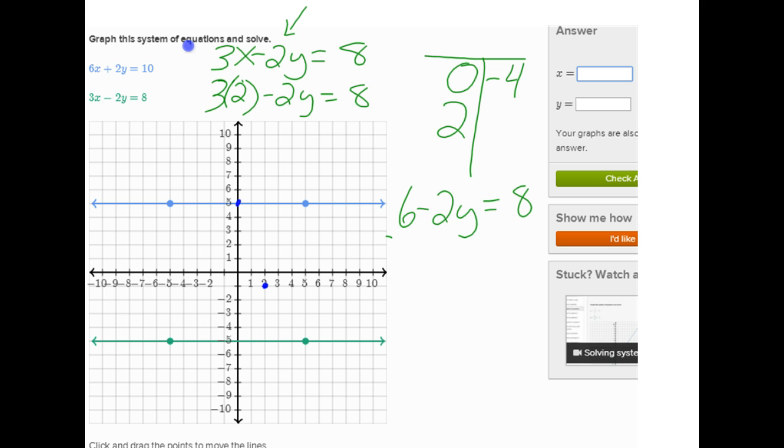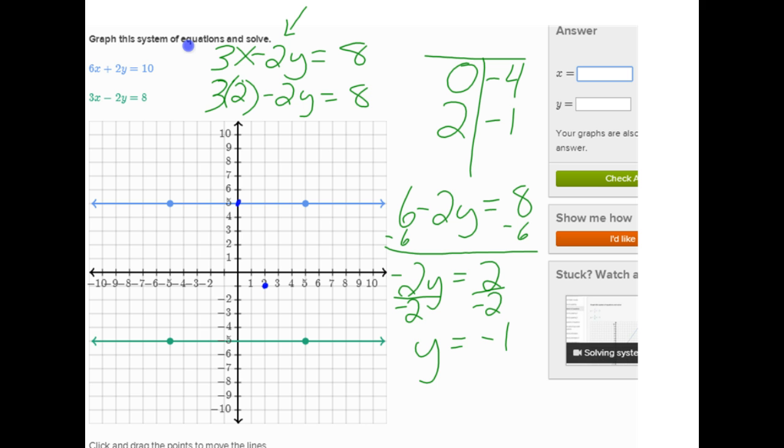You're going to subtract 6, so you're left with a negative 2y equals 2. And then we divide by a negative 2 on both sides, and we get y equals a negative 1. So we'll get the ordered pair 2, negative 1.